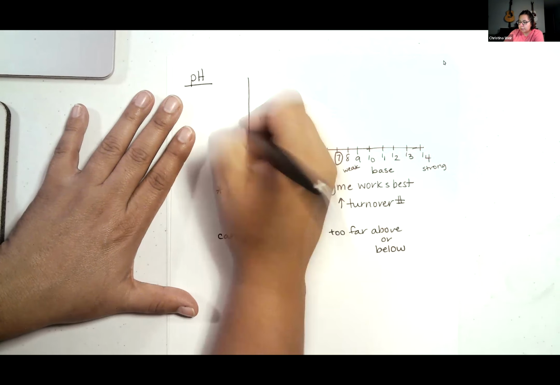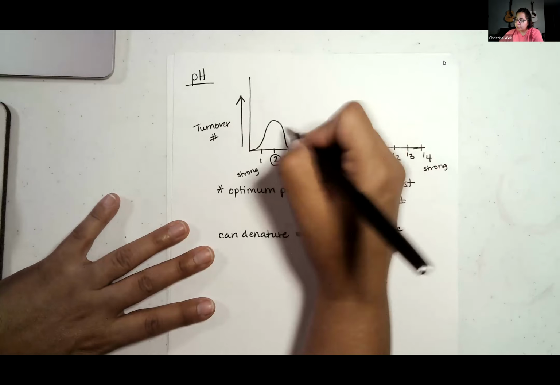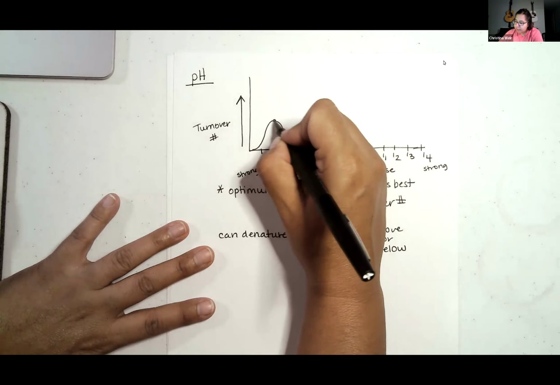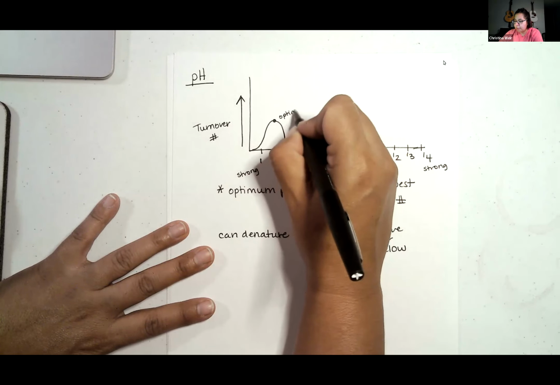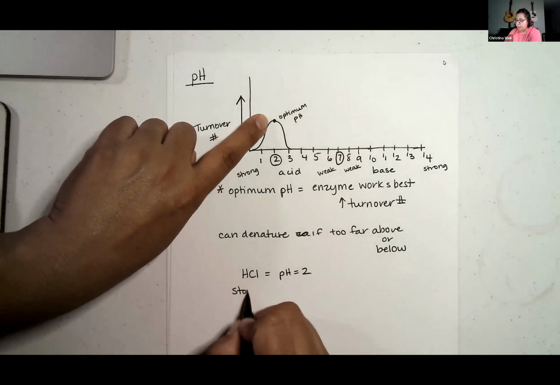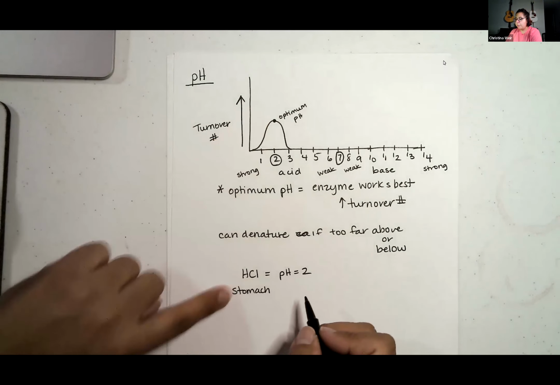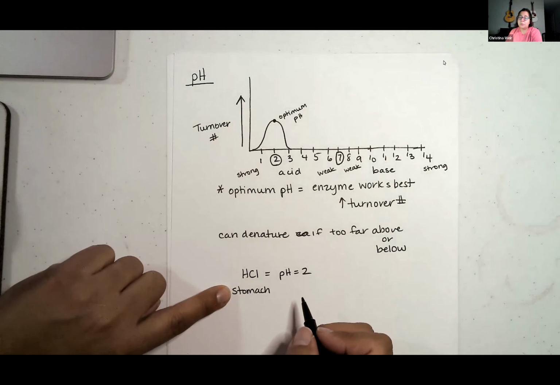If I look at an enzyme that works in the stomach, I would expect it to have an optimum pH of around 2, because your stomach has lots of hydrochloric acid, and hydrochloric acid has a pH of about 2. So it makes sense that an enzyme that works in your stomach would work well at a pH of 2. And by the way, a pH of 2 is really, really strong.